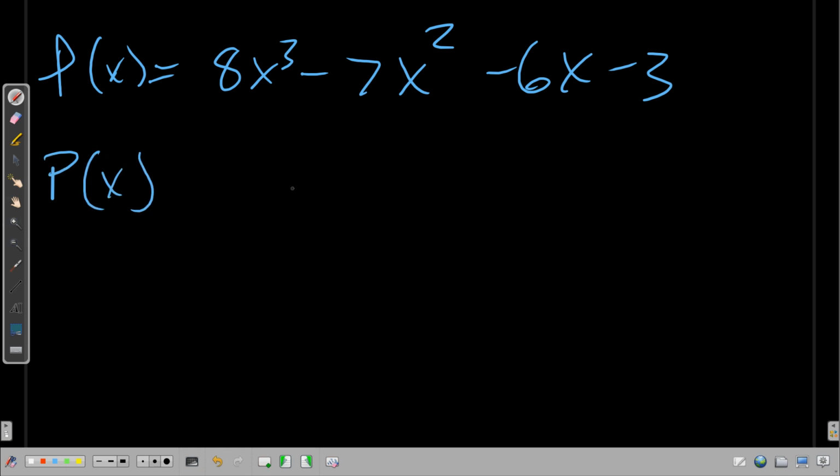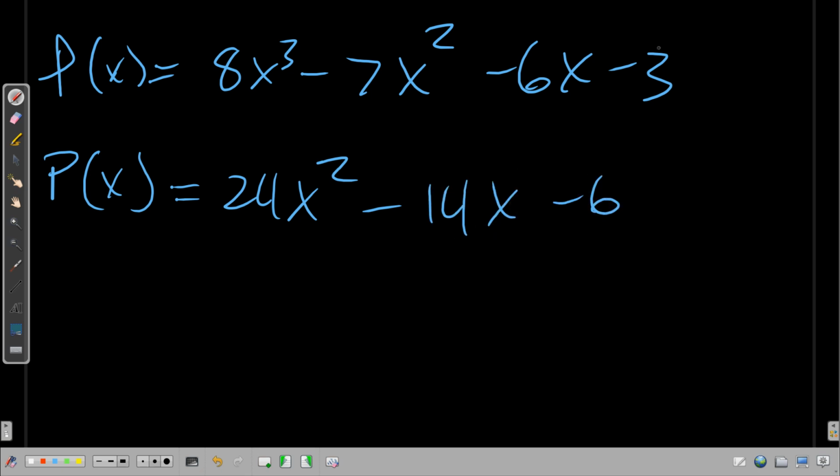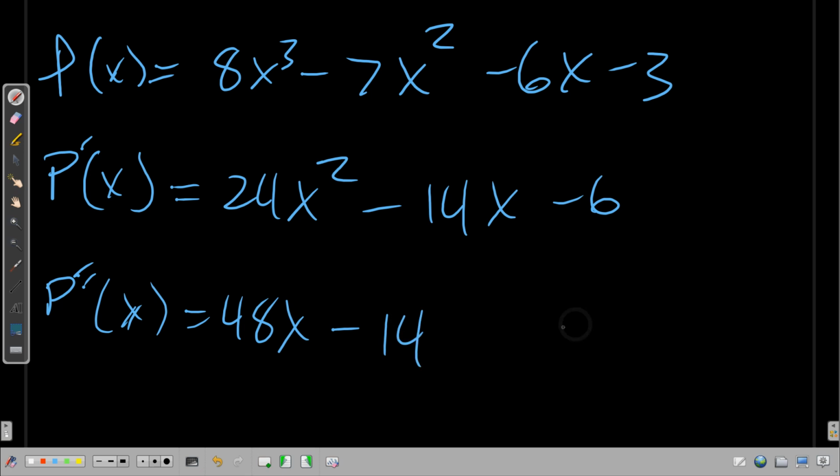So P prime of x would be 24x squared minus 14x minus 6, and that part's gone to 0 now, and then when I do P double prime, the minus 6 will be gone, so I'll have 48x minus 14.